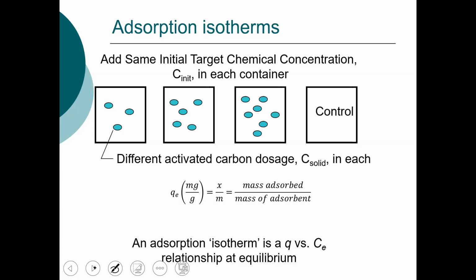So what we would do is we would start with a set of, you can think of this as beakers. So we start with a set of containers with the same concentration of a contaminant. So for instance, we could start this with benzene. And each of the beakers or each of the containers would have, let's say, 100 milligrams.